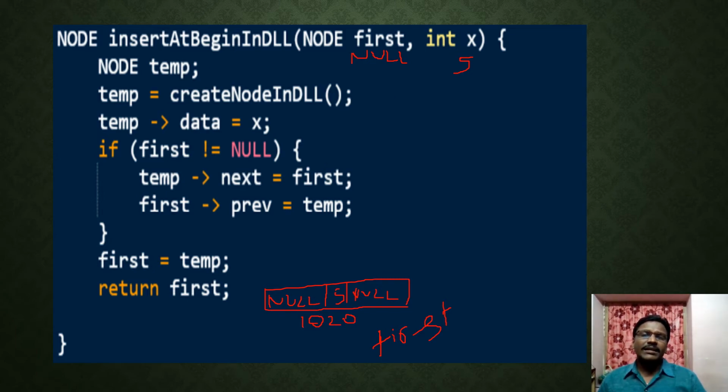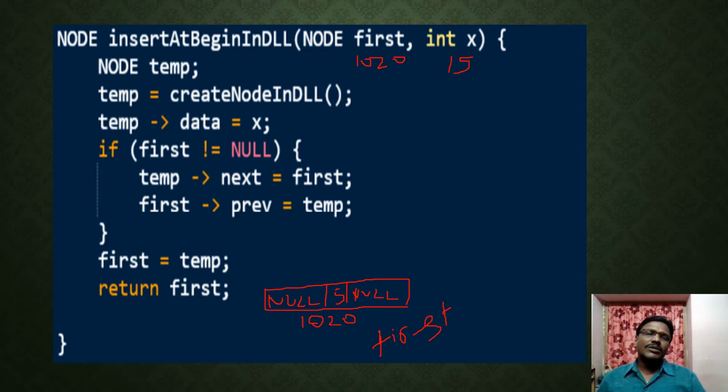Then again the same function, insert at begin. In this case, first is representing 1020. For example, the x value is 50.